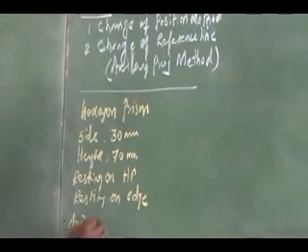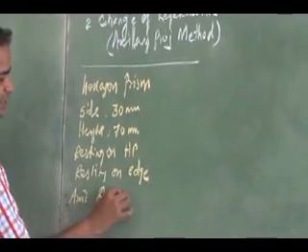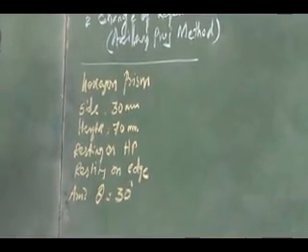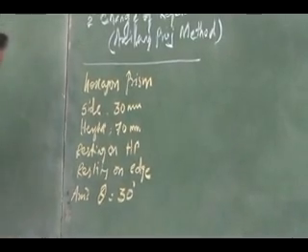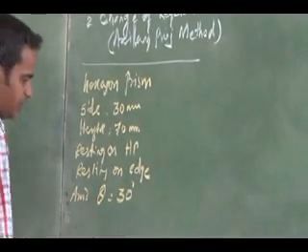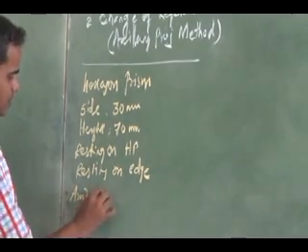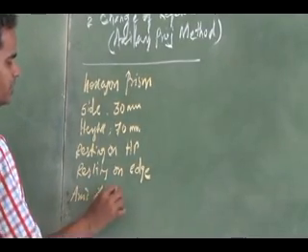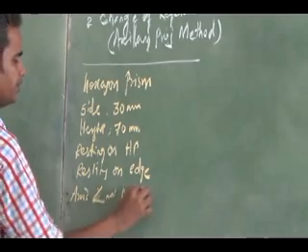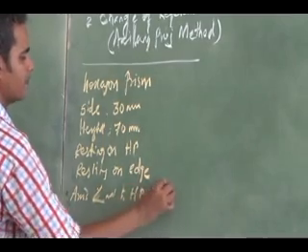Axis theta is 30 degree inclined to HP, that is 30 degree.